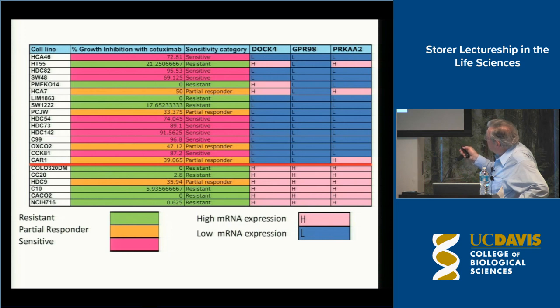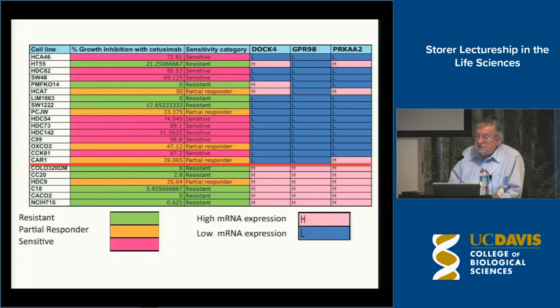And in fact, it's mainly DOC4 that seems to determine this, because you'll see that the high levels here are all associated either with resistance or partial resistance. So that suggests, we haven't had time to follow that up, that maybe the level of this DOC4 is relevant, and now one can begin to do studies knocking it out, for example, to see whether that influences the level of response to cetuximab. And this shows the sort of thing that you can do if you've got an adequately powered cell line panel to do this sort of work.